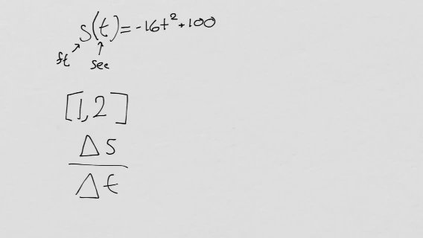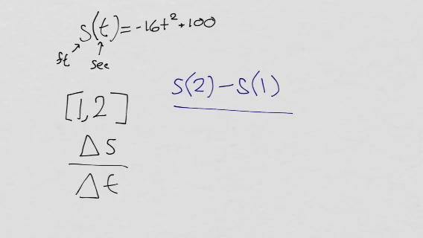To find the change in s, we will do the final position minus the initial position. So the final position will be s of 2, and then the initial position will be s of 1, all over the change in time. So the final time is 2 seconds minus the initial time, which was 1 second.